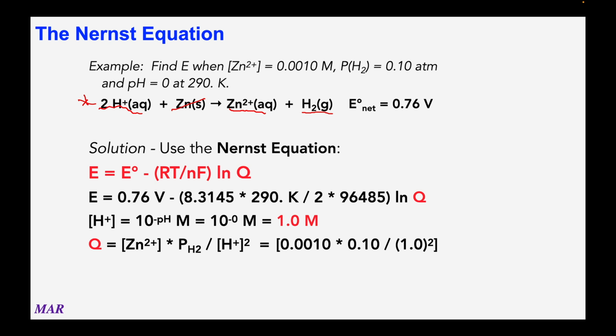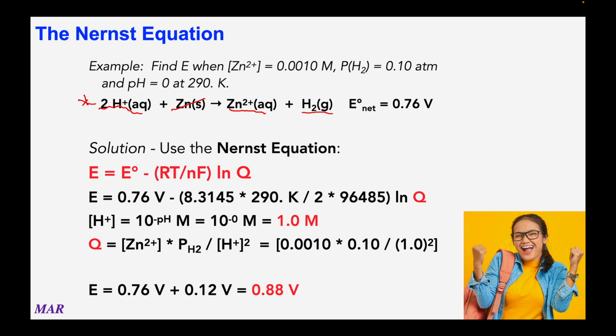So Q is products over reactants. That's going to be the zinc 2 plus times the pressure of the hydrogen gas, divided by H plus squared. The zinc 2 plus is 0.001. The pressure of the hydrogen gas is 0.10 atmospheres. We'll divide by 1.0 squared. So again, kind of tedious, but all stuff you can do. That's what you would do to calculate Q.